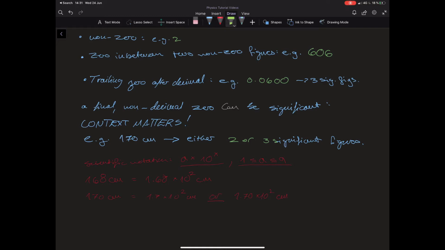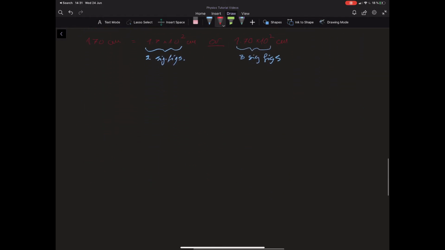So, in this case, 1.7 times 10 to the power of 2 would be to 2 significant figures, and 1.70 would be to 3 significant figures. So now you may be able to tell how the number of significant figures of a value is dependent on the context of the question or the nature of the measurement given.